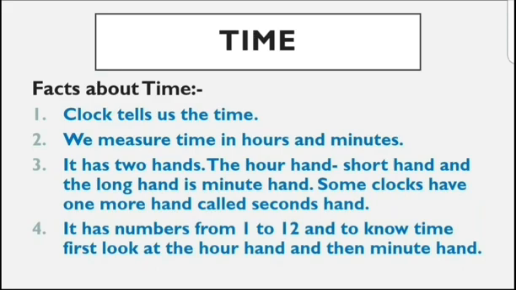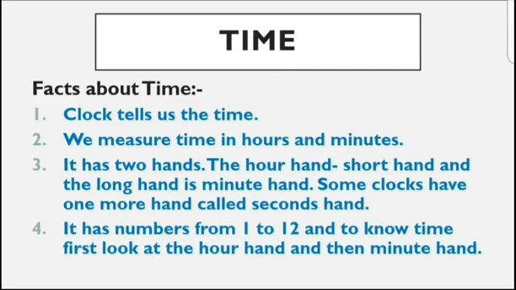Now here some facts related to time are here. So what is the use of clock? Yes, clock tells us the time. And how do we measure time? Yes, we measure time in hours and minutes. That's why one hand is hour hand and the other hand is minutes hand.